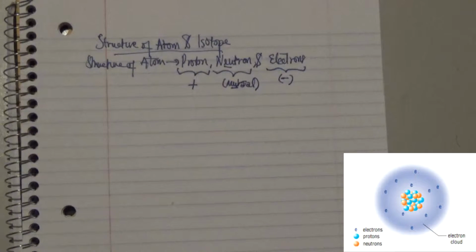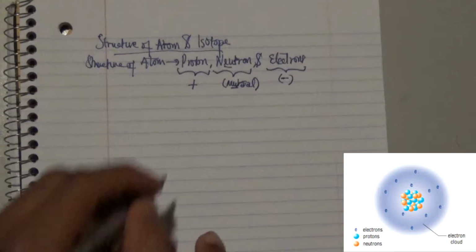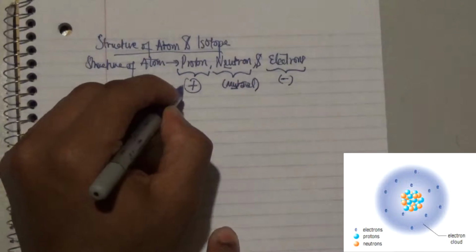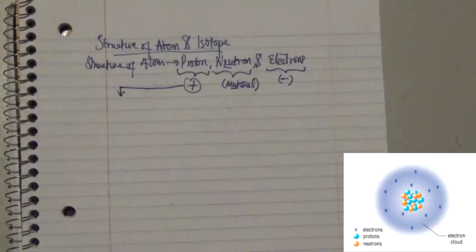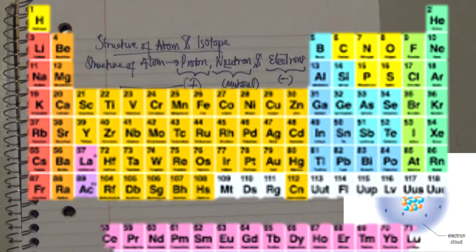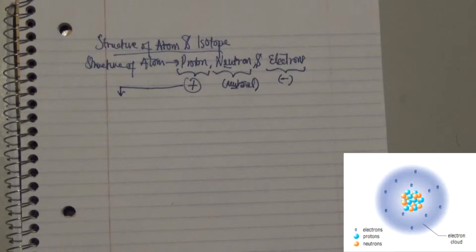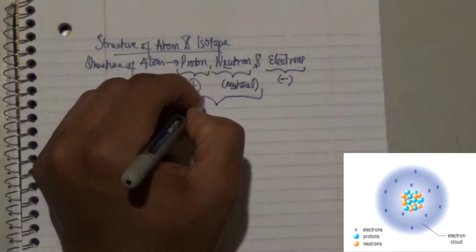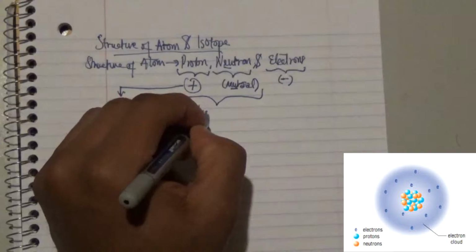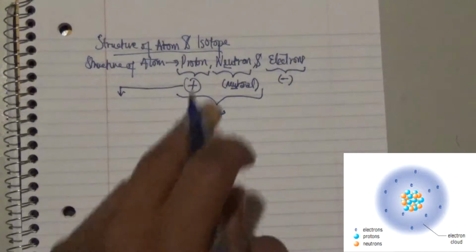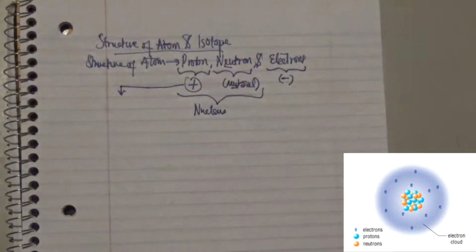Now, the interesting thing is that protons give the identity of a particular atom. For example, you look at the periodic table, you see all these numerous elements, and the only thing that makes them really unique is the number of protons in the nucleus, because we know that the nucleus is the combination of the protons and the neutrons.